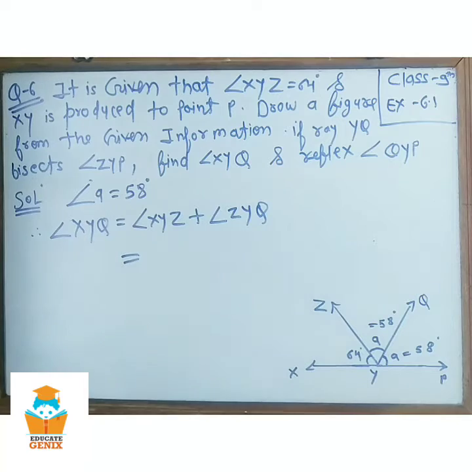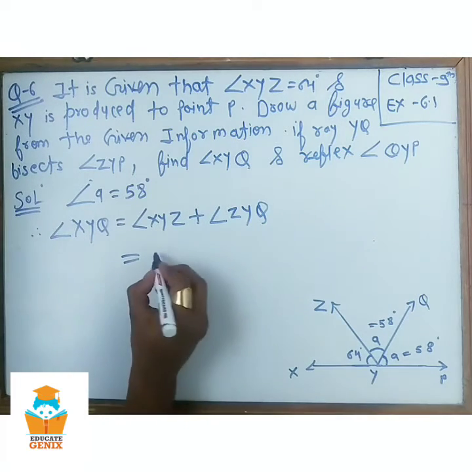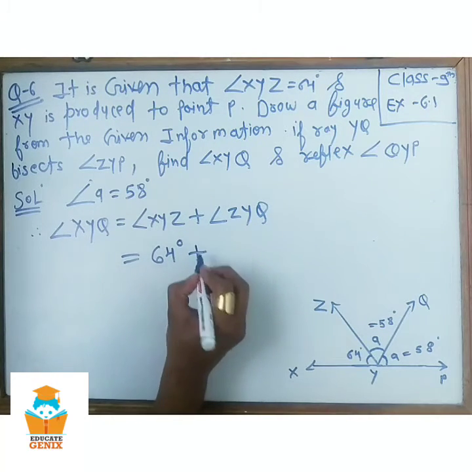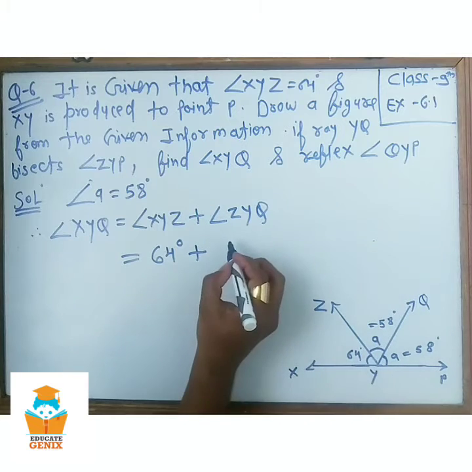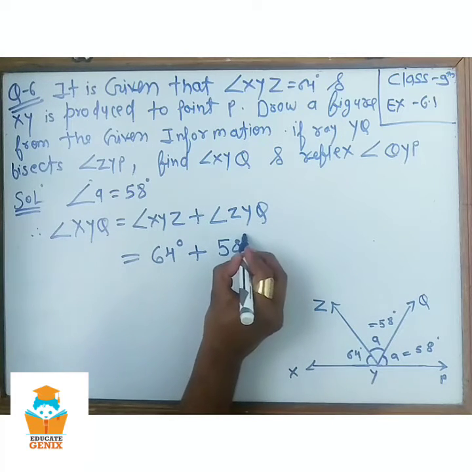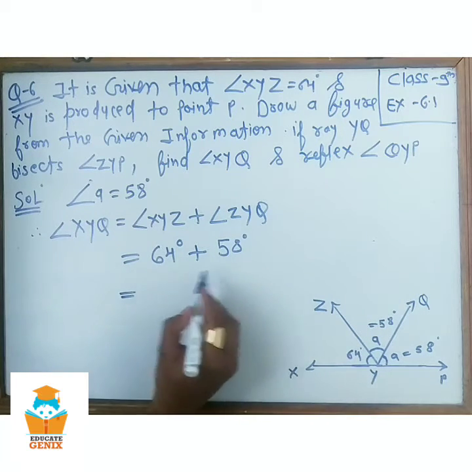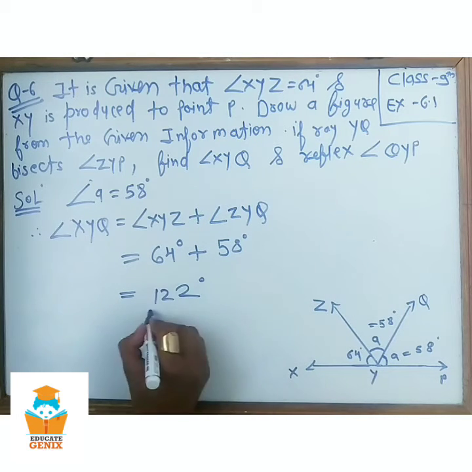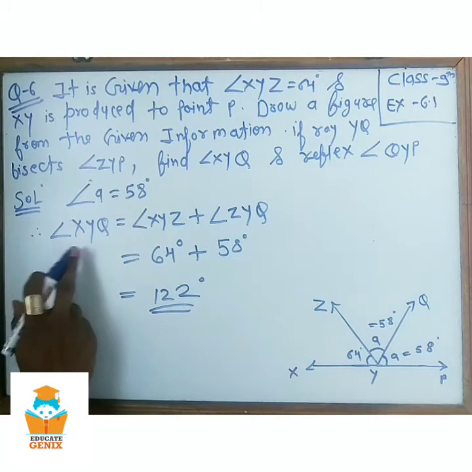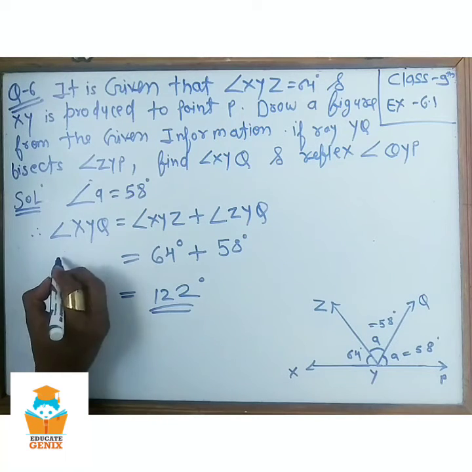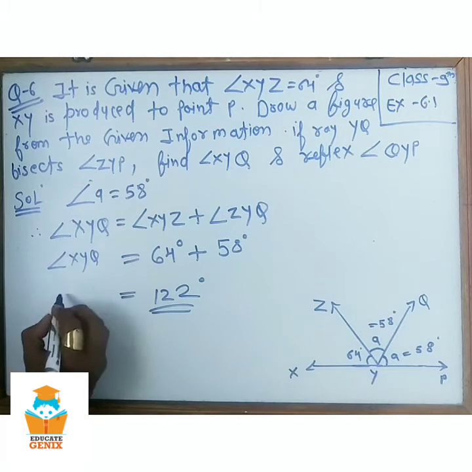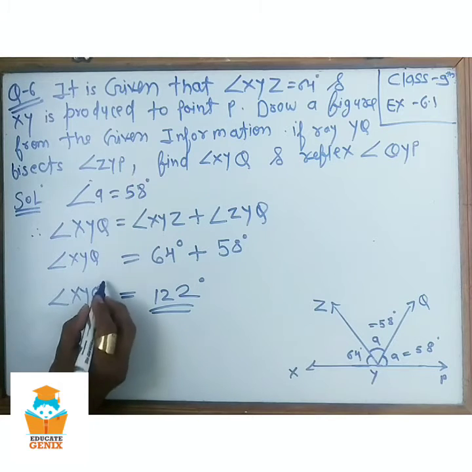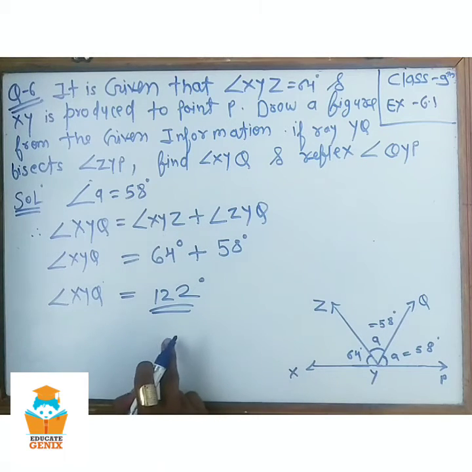So here we know that angle XYZ is 64 degrees, plus ZYQ, which is 58 degrees. Therefore, we can write that 64 plus 58 is 122 degrees. So we have found our angle XYQ as 122 degrees. So our first part is complete.